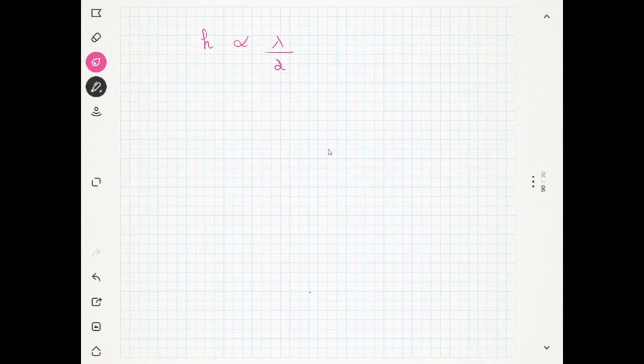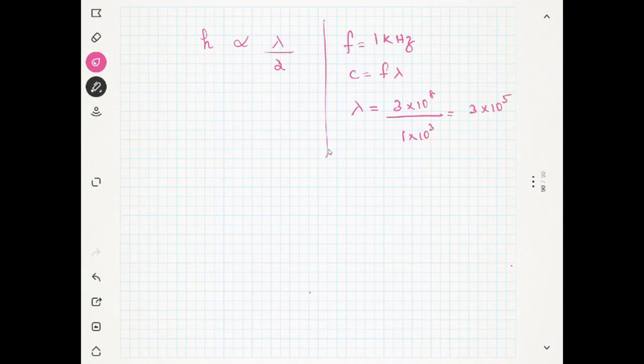Suppose you have frequency equal to 1 kilohertz. You know that C equals F into lambda. You know this formula from physics, right? Then lambda is C, 3 into 10 power 8, divided by F, 1 kilo, 10 power 3. This will become 3 into 10 power 5 meter.